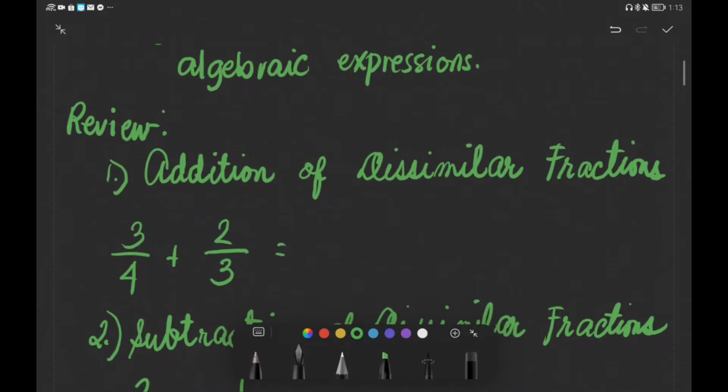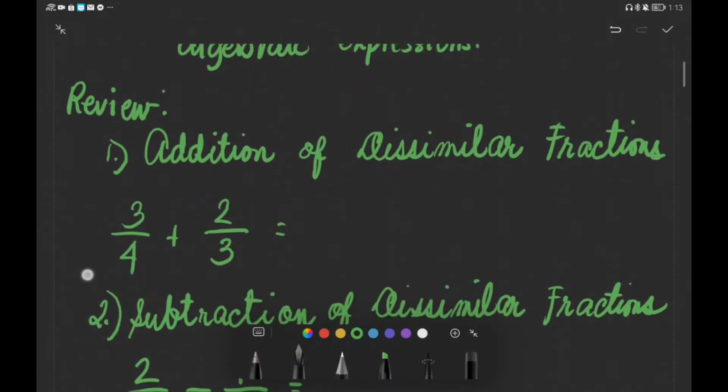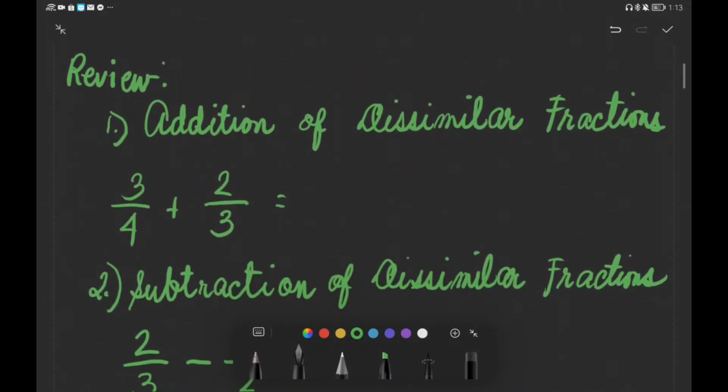Now let's first have number 1. Addition of dissimilar fractions. Before we add 3/4 and 2/3, let us first identify the least common multiple of the denominators 4 and 3.